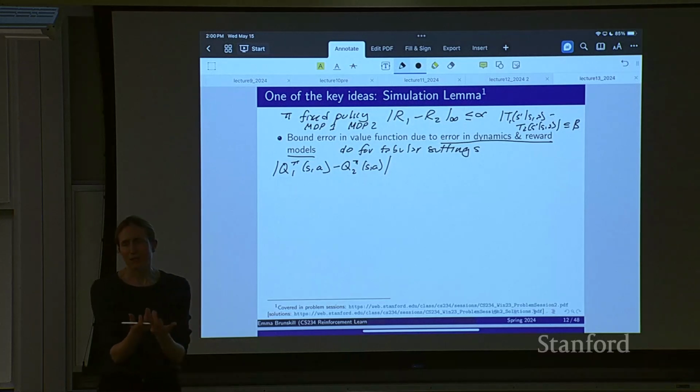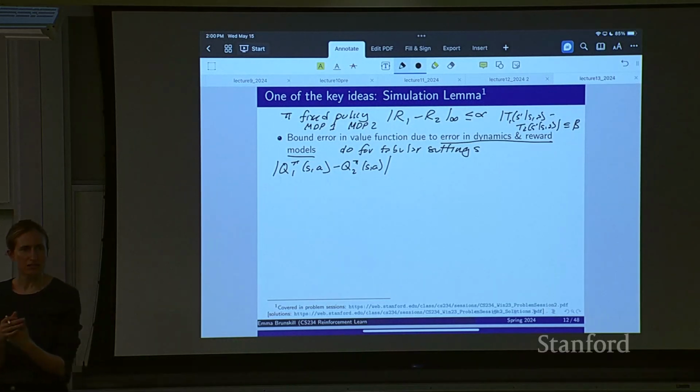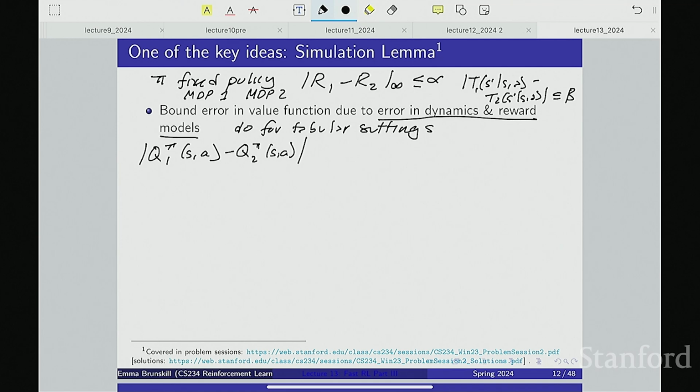Similarly, we can get a bound on the dynamics model error as well. So the idea is, if you plug in an empirical estimate of the reward model and the dynamics model, how far away could your estimate of the Q function be from if you actually knew the true reward model and the true dynamics model? That's why we're doing this.